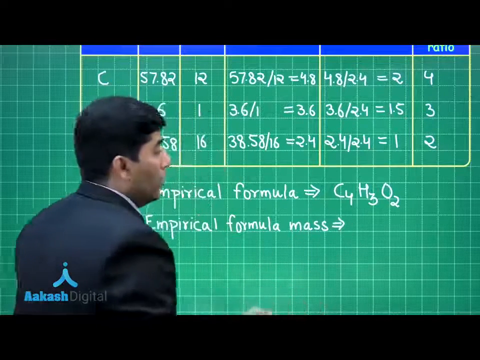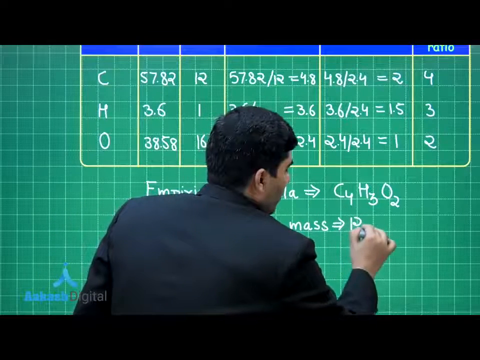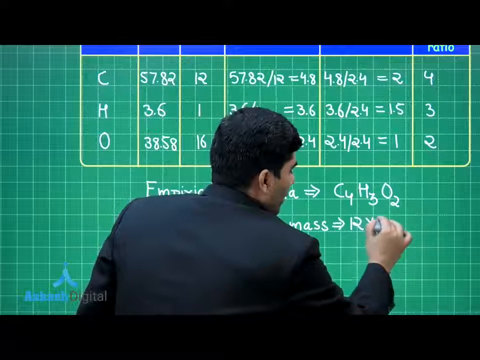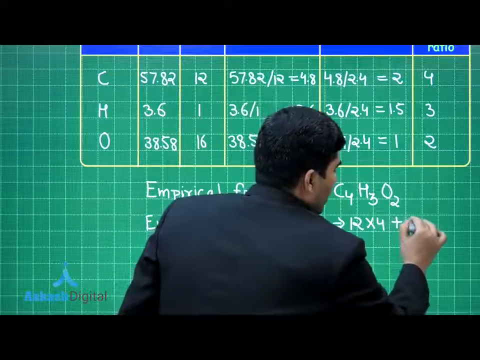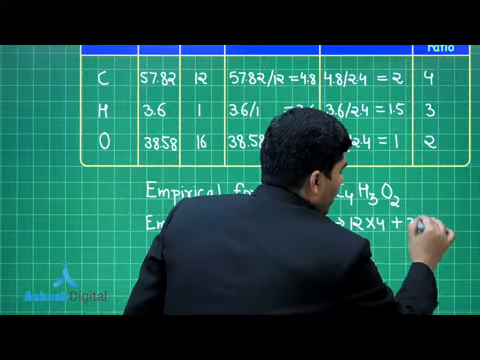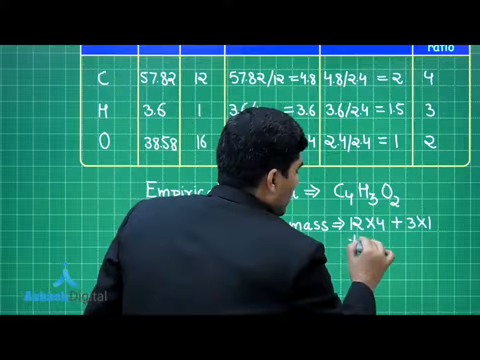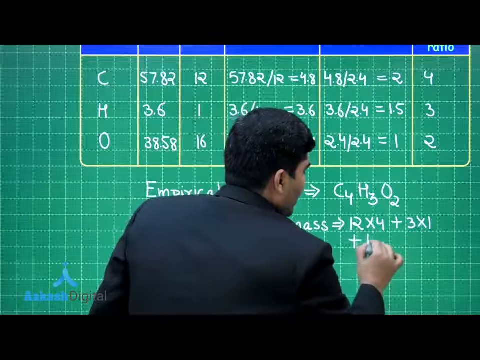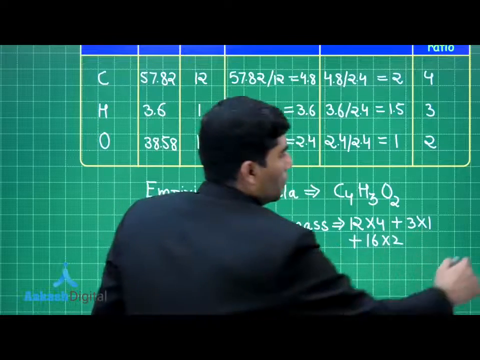And that will be equal to the weight of carbon is 12, it is multiplied by 4 plus 3 into 1 for hydrogen plus 16 into 2.